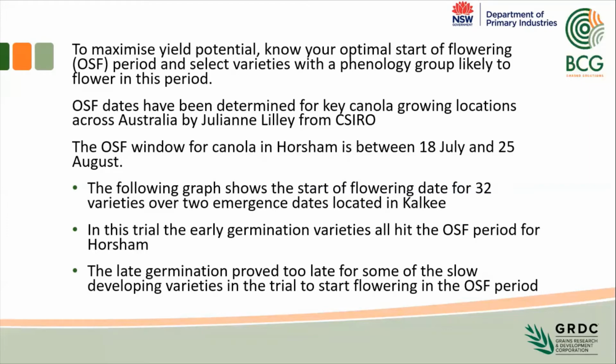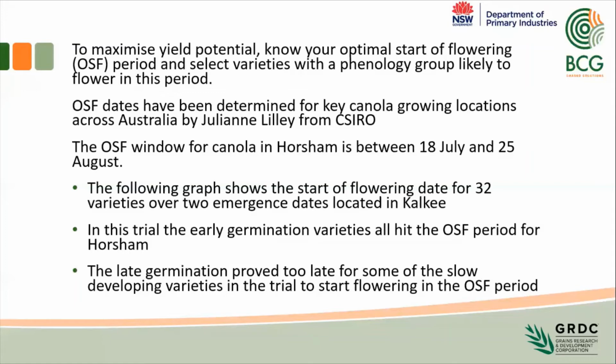Across those 40 varieties, we covered a number of phenology groups, from fast to mid-fast to mid and slow developing varieties. We found that with early germination, all of the varieties in this trial started flowering within this optimal start of flowering period for Horsham. However, the late germination proved too late for some of the slow developing varieties in the trial.